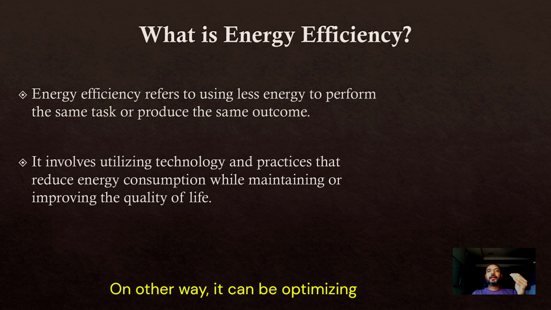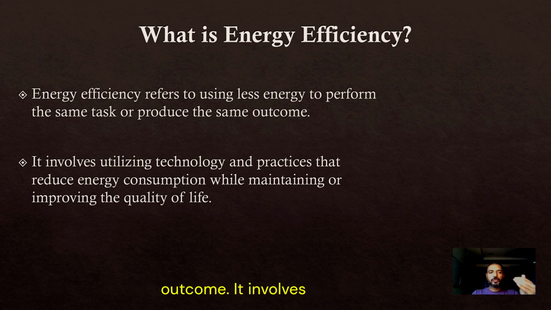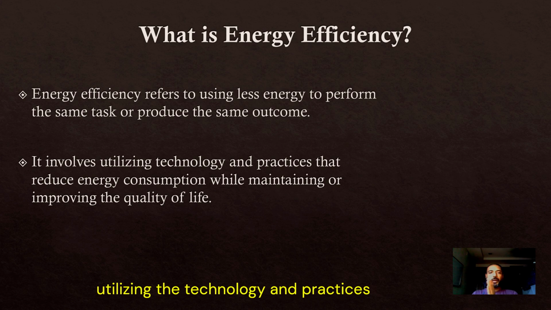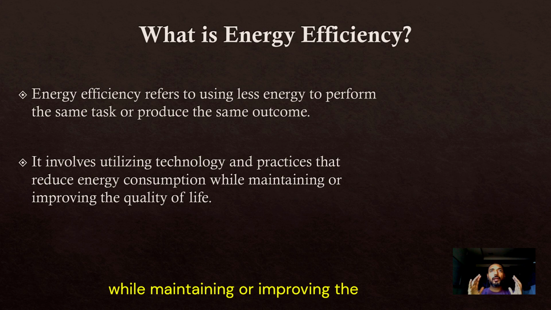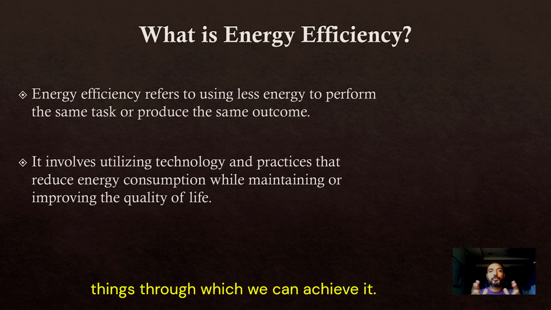In another way, it can be optimizing your input to the maximum level to produce the same amount of desired outcome, right? It involves utilizing the technology and practices that reduce the energy consumption while maintaining or improving the quality of life. Okay, so it talks about two things through which we can achieve it.